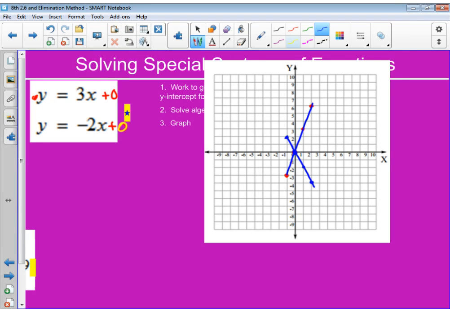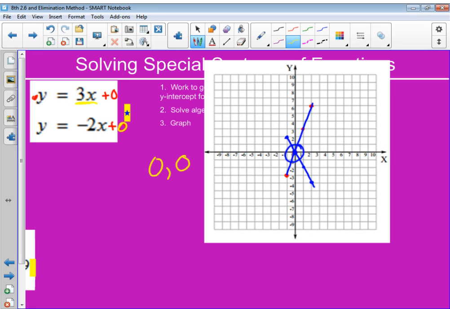So what I want you to remember is just because right now we're working with those special equations, it doesn't mean all of your answers are going to be no solution or infinite. Sometimes you're going to get a solution. My solution to this one is they intersect at 0, comma, 0.